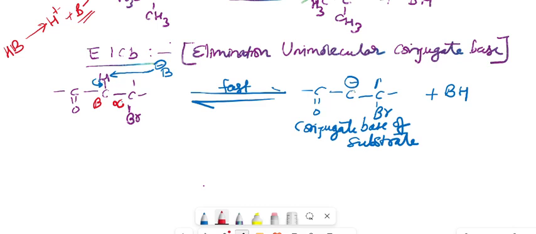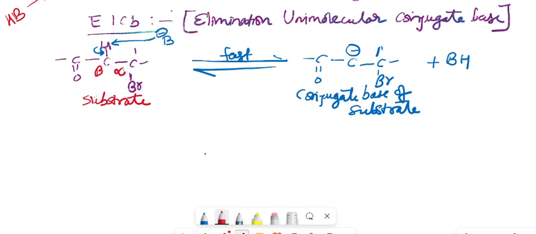So this is called the conjugate base of the substrate. And this is the substrate. So this is the fast step. So it will not determine the rate of the reaction.